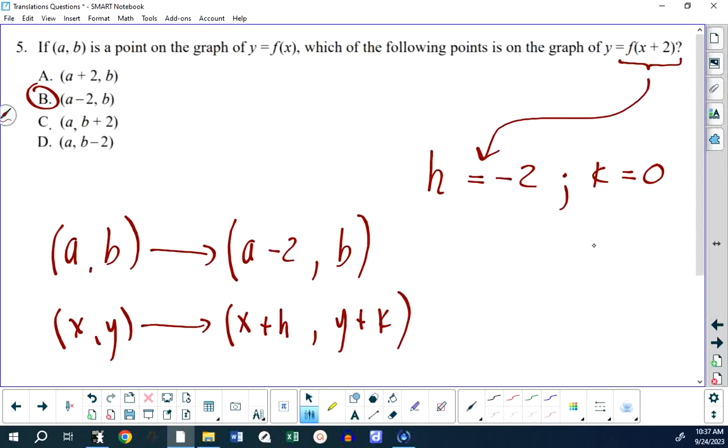We've talked numerous times about this in class. I think sometimes mapping is a better way to go, and there is certainly going to be a case that I think we're going to encounter in a minute where you want to do things algebraically as opposed to just reasoning them out. But sometimes it's just simple to say, well, listen, the thing went 2 to the left, so the x-coordinate is 2 less.